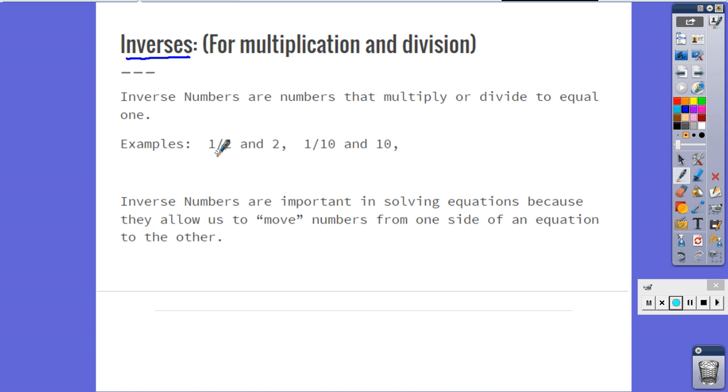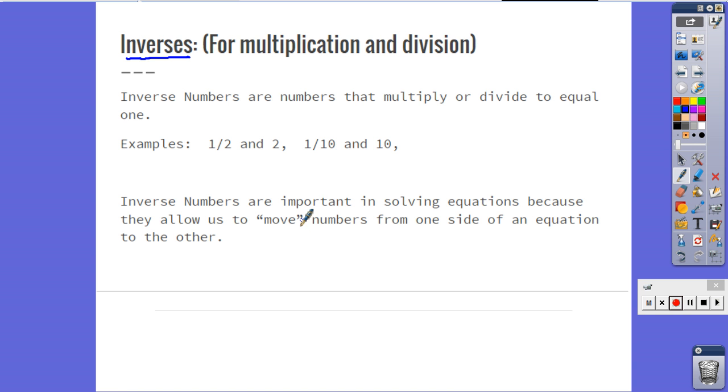So for example, 1/2 and 2, if you multiply them, half of 2 is 1. 1/10 and 10, when you multiply them, you get 1. And so essentially, whatever your number is here, you're going to make it into a fraction, and it will become the denominator, so that when you multiply them, you get 1 as your answer. And so that's how you get an inverse.